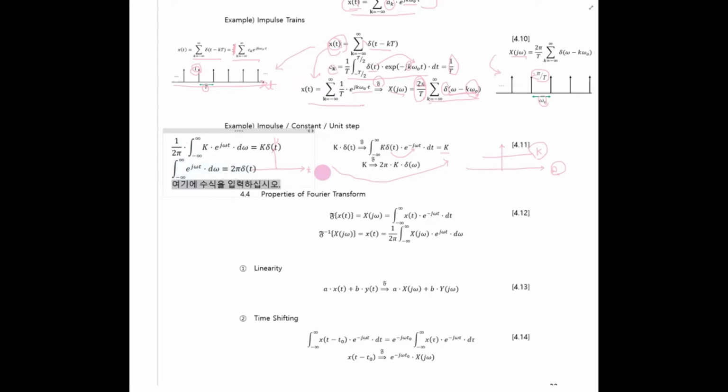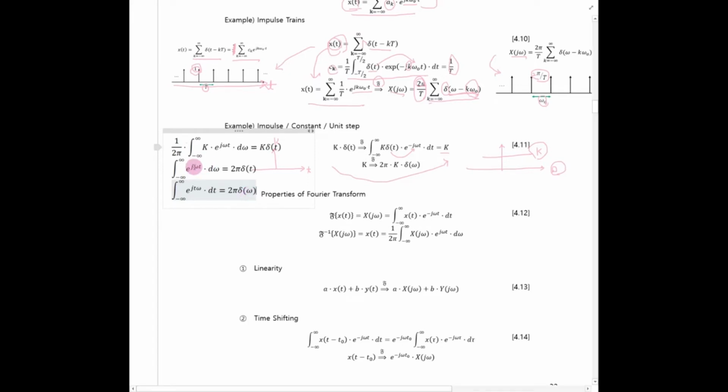Similarly, we can swap t and omega. It should be the same. It means that the integral of e to the j t omega dt should also be 2 pi times delta of omega.